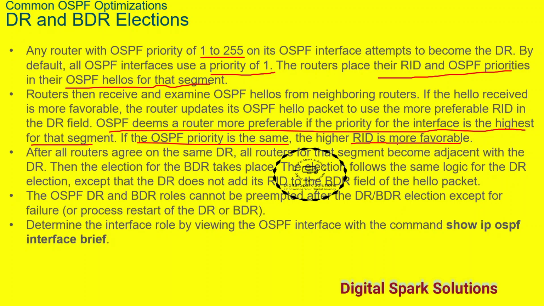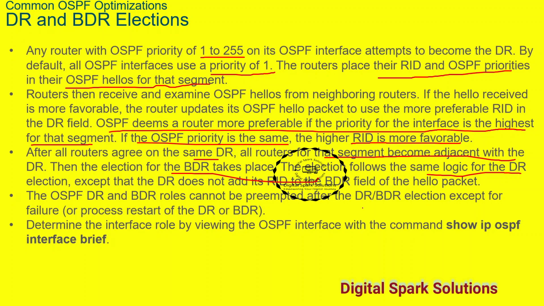After all routers agree on the same DR, all routers for that segment become adjacent with the DR. Then the election for BDR takes place. The election follows the same logic as the DR election, except that the DR does not add its router ID to the BDR field of the hello packet.